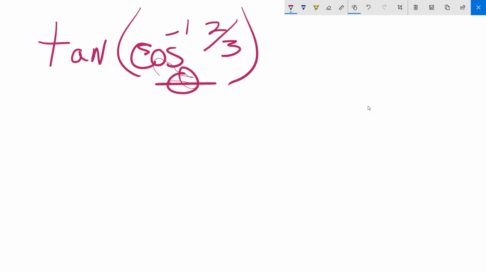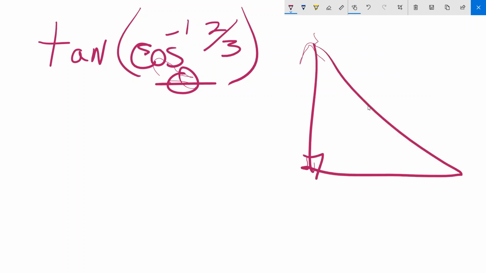Because sometimes it's going to be a ratio. Okay? Now what's the next step that I know that that's an angle? Yeah, draw a right triangle and label that angle. Now dimension 2 of those 3 sides for me.